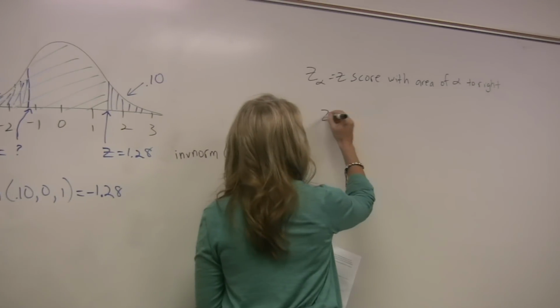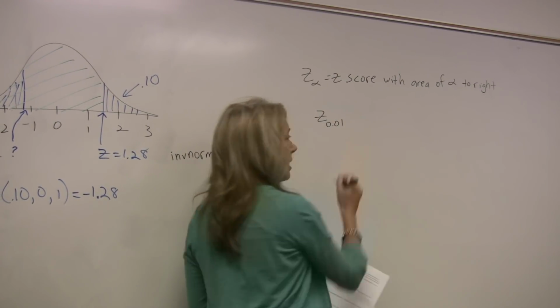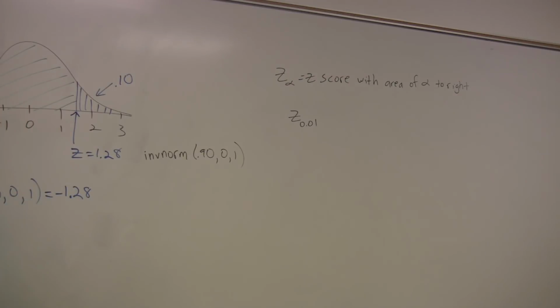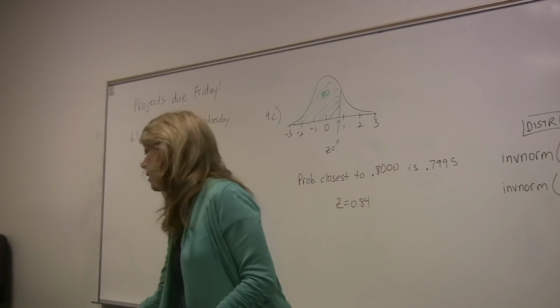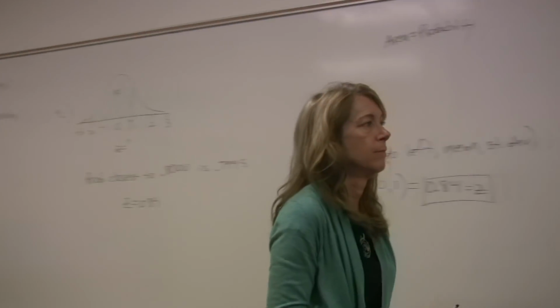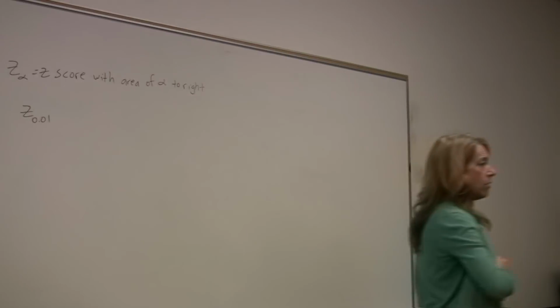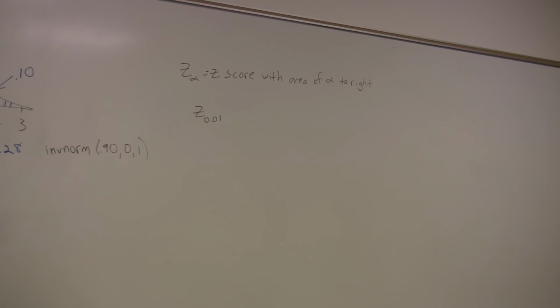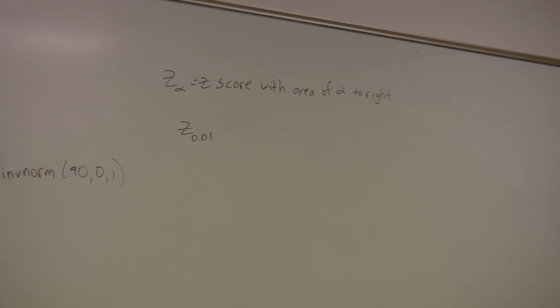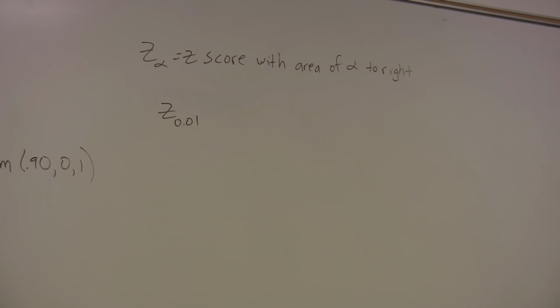So our first example looks like this. Z with a little 0.01 down there. What are they telling me to find? What do they want me to find?